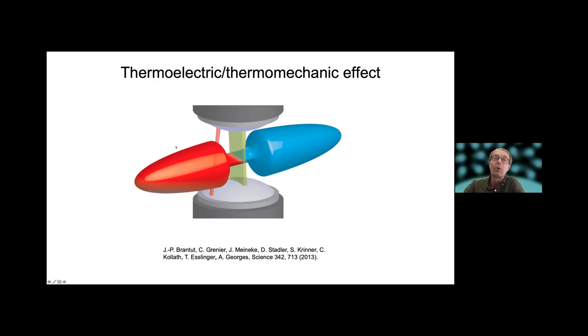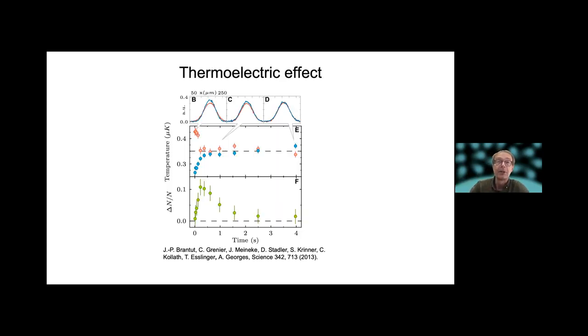What we do is we have the same atom number in both reservoirs, and then we heat up one of the reservoirs using a stirring laser beam, and then we watch the atoms flow, the atom number in the two reservoirs and the temperature.